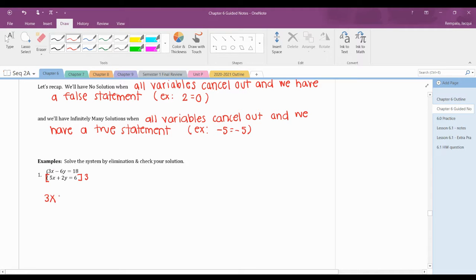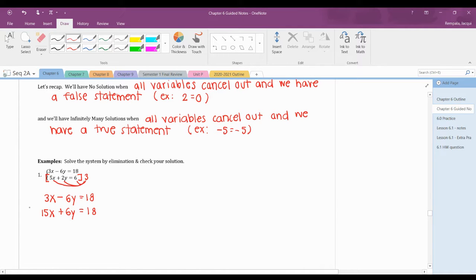So I'm going to rewrite the top equation exactly how it is because we did not change that at all. But now that 3 is going to get multiplied by every single thing in that bottom equation. So 5x times 3 is going to give us 15x. 2y times 3 is going to give us a +6y. That equals 6 times 3, which is 18.